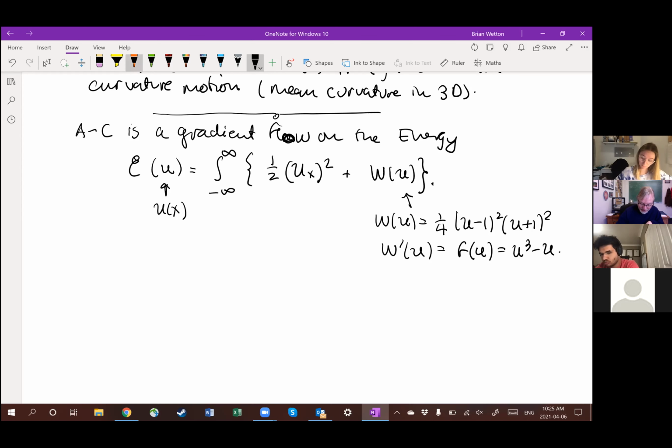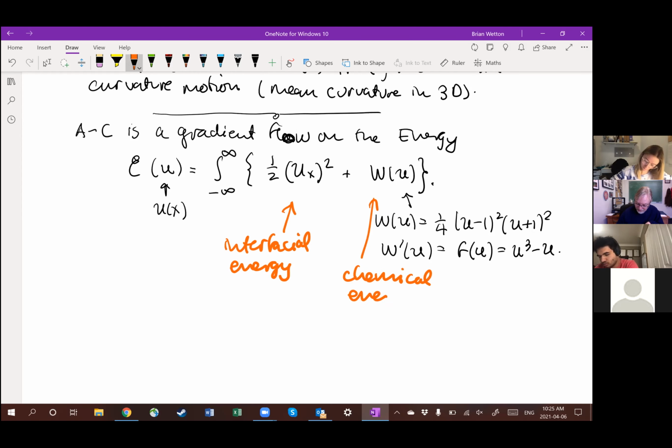So if you're going to talk about the physics of this energy, right, this is the interfacial energy. And this is the chemical energy. Right, this W of u is just a double well that looks like this.